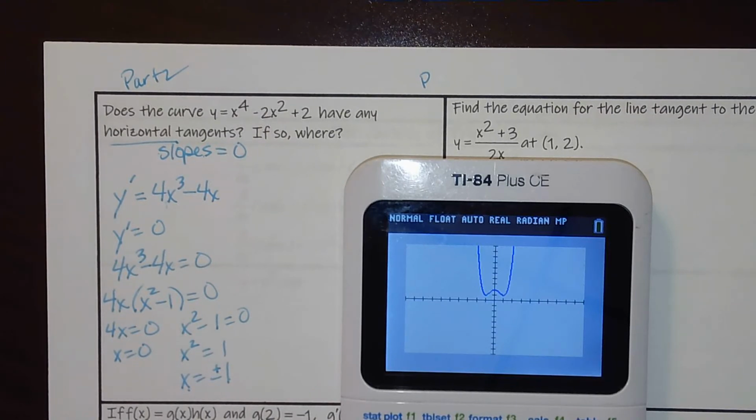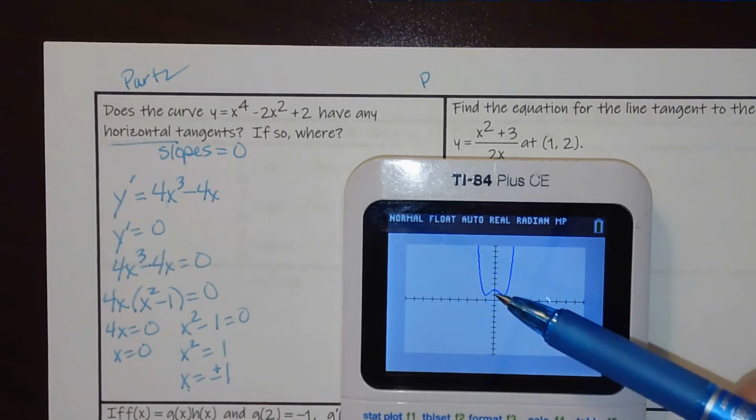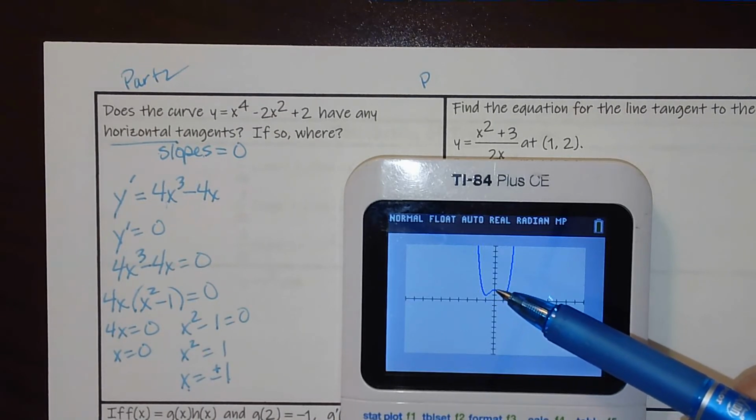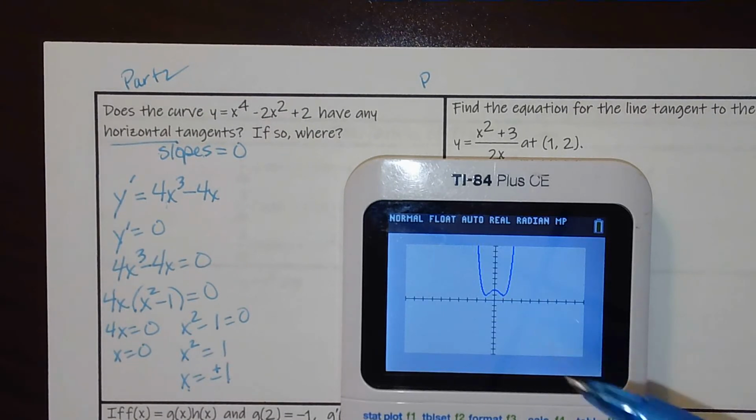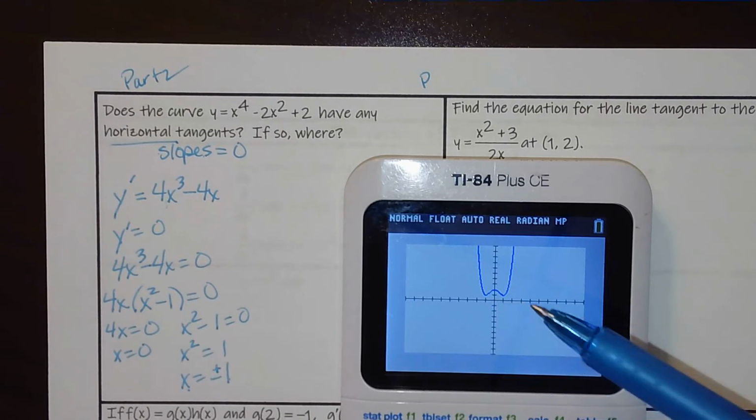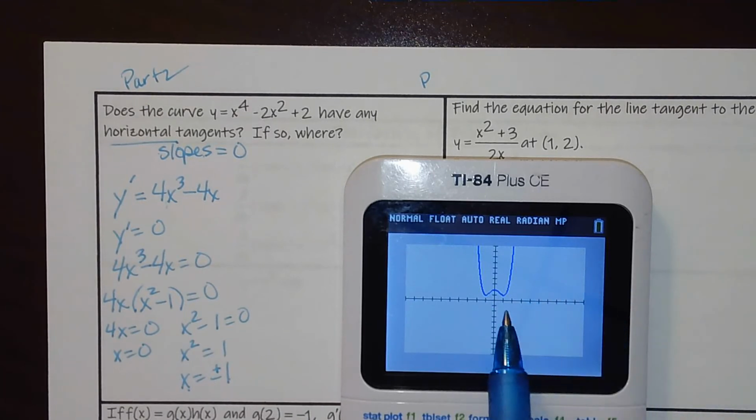And looky here. If you look at this graph, notice that at x equals 1, we have a minimum, at x equals -1, we have a minimum. At x equals 0, we have a maximum. And at each of those maximum and minimum points, the tangent lines will be horizontal.